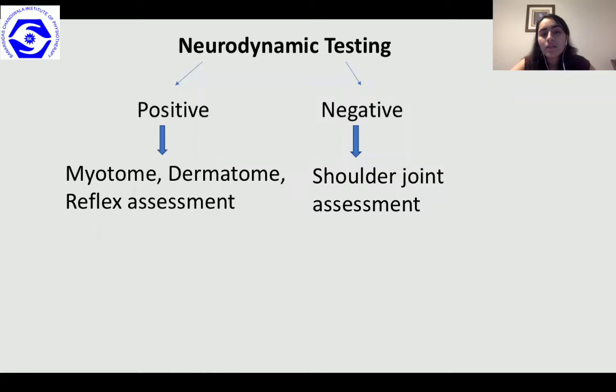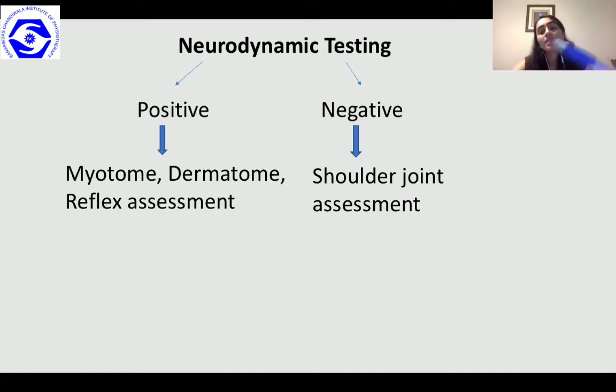And then, as that dermatome is affected, we will do the reflex assessment, for whichever nerve root is affected. So if C4, C5 or C5 is affected, we will look for the biceps reflex and the brachioradialis reflex, and then we can note whether it can be elicited or not.